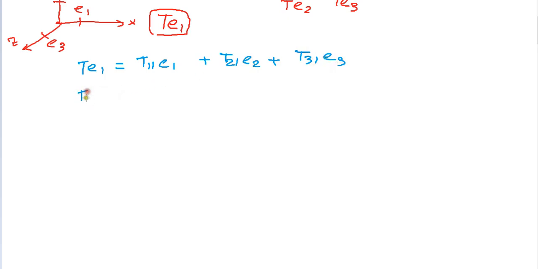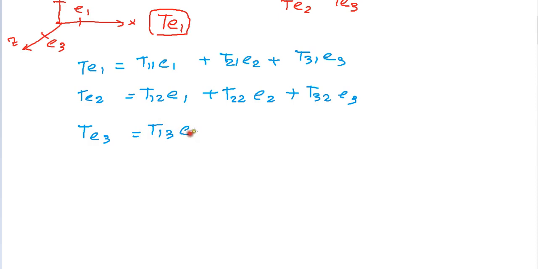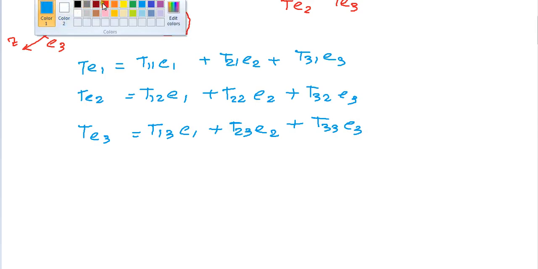And then T e2 equal to T12 e1 plus T22 e2 plus T32 e3, right? So T e3 equal to T13 e1 plus T23 e2 plus T33 e3.